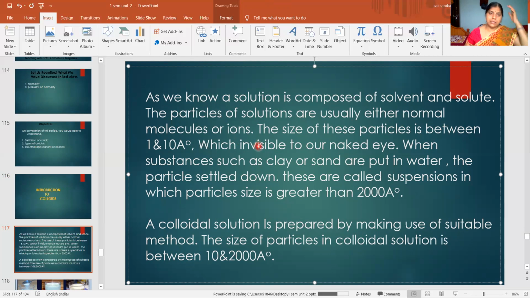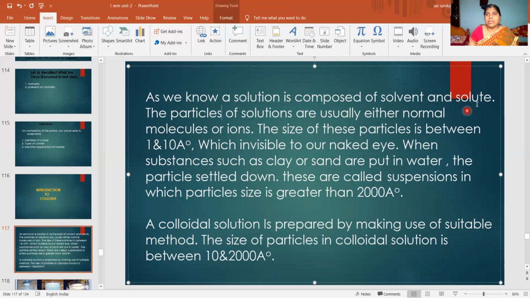Already in the first unit, first class itself, in the introduction to solution, I told what is a solution: a homogeneous mixture of two or more components.